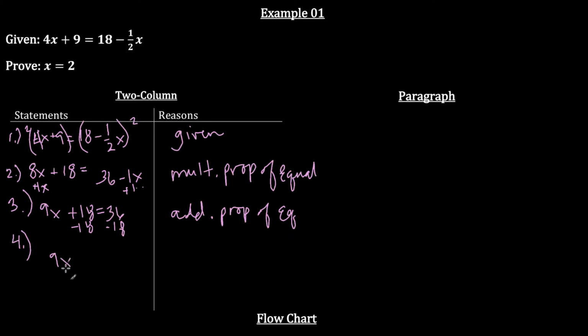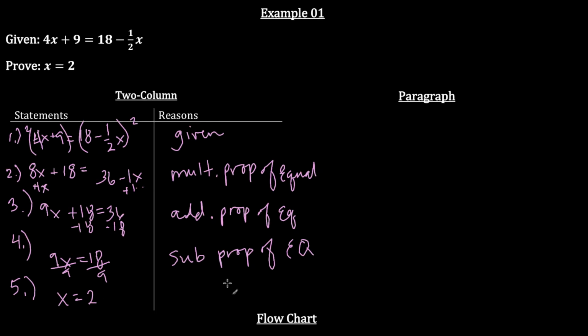I'm going to get 9x equals 18. I'm going to write why: subtracted, so subtraction property of equality. And then I'm going to divide by 9, x equals 2. And that's just the division property of equality.